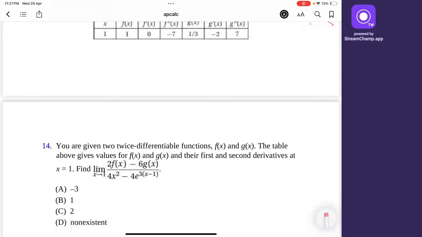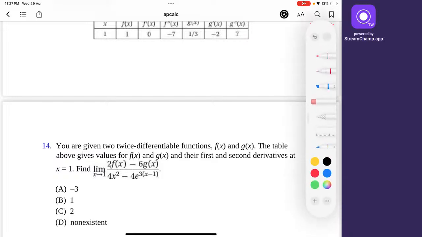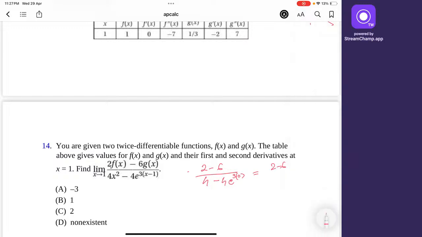Now if you directly evaluate, f of 1 is 1. So 2 minus 6 divided by x is 1. 4 minus 4 times x is 1, e power 3 times 0, which is 2 minus 6 times g of 1.